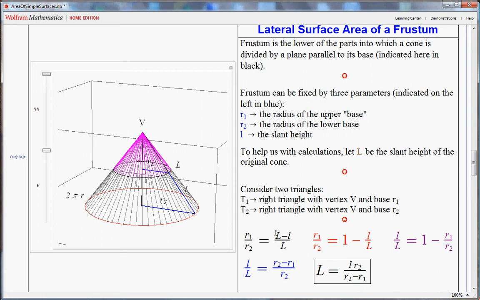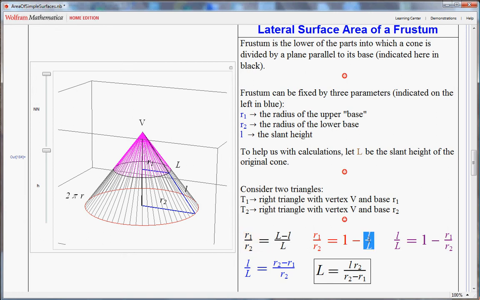Let's look at the black equation, and let's focus on its right side, where we have a fraction, and let's divide the numerator and the denominator of that fraction by capital L. In the denominator we have capital L, so when we divide it by capital L we get 1, and effectively the denominator disappears. We are left with the numerator, and we obtain this red equation where we have nicely isolated the ratio of slant heights.